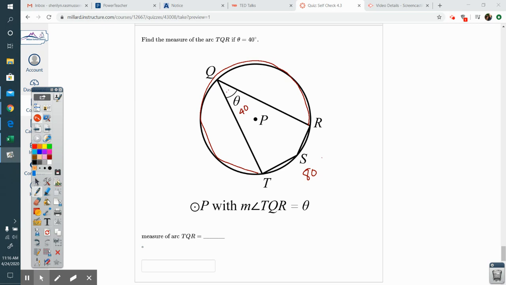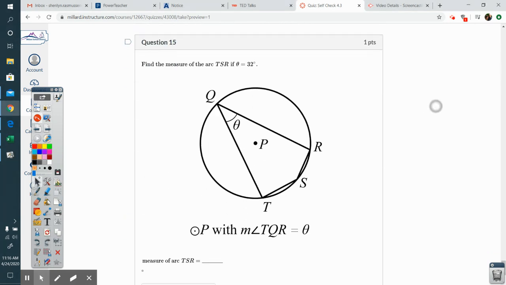Then you take the total 360 and subtract this portion in order to get this portion here. 360 subtract 80 is equal to 280. So that's how you solve for this arc, I mean, the big arc. So we solved for the small arc first because we had this information, subtracted it from the whole to get it.